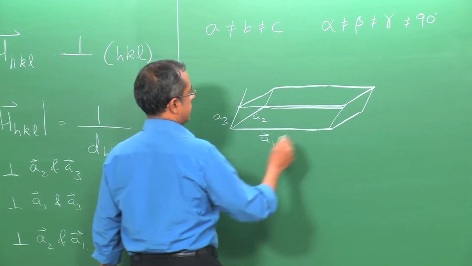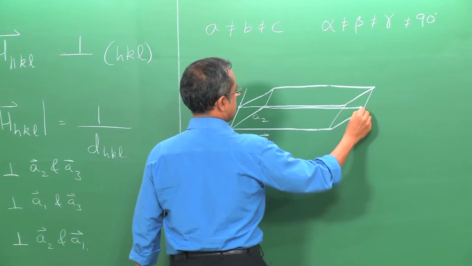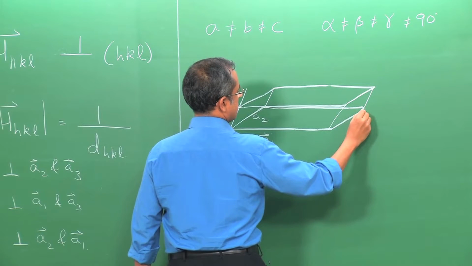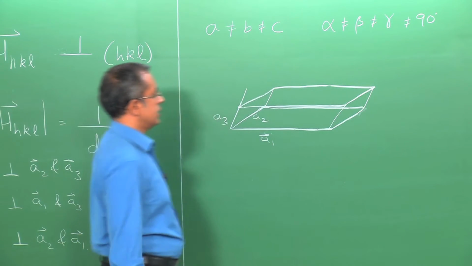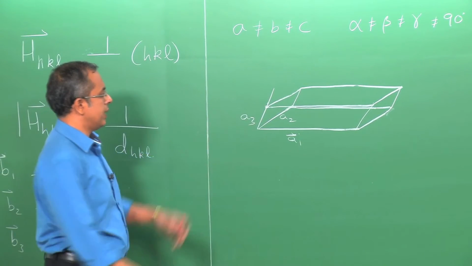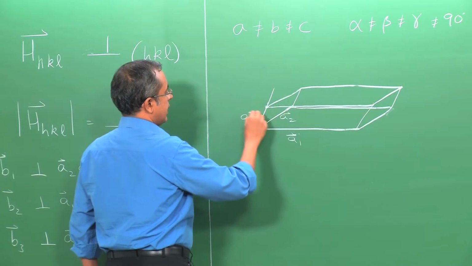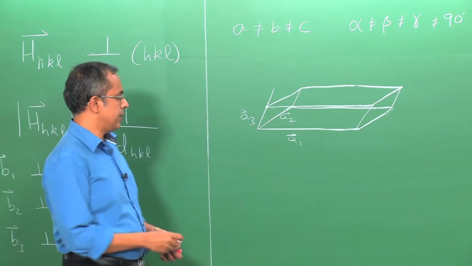So you will have something like that. So something like this. So this is our diagram of a triclinic cell where A1 is not equal to A2 is not equal to A3, and the angles are not all 90 degrees. In fact, they could be anything, they could be basically anything.